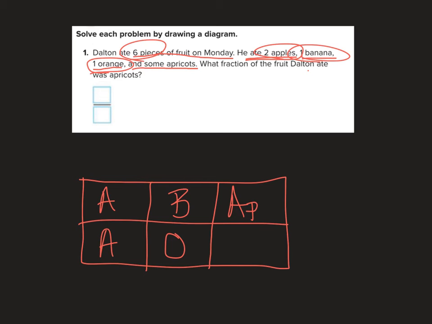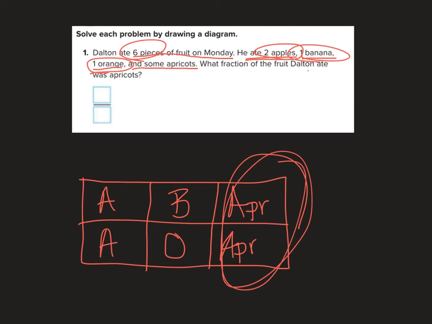I'm going to put APR. Okay. So what fraction of the fruit was apricots? 2 out of 6. We can do that same simplifying thing where I notice that both the numerator and the denominator can be divided by 2. So I would get 1/3. All right, let's try another one.